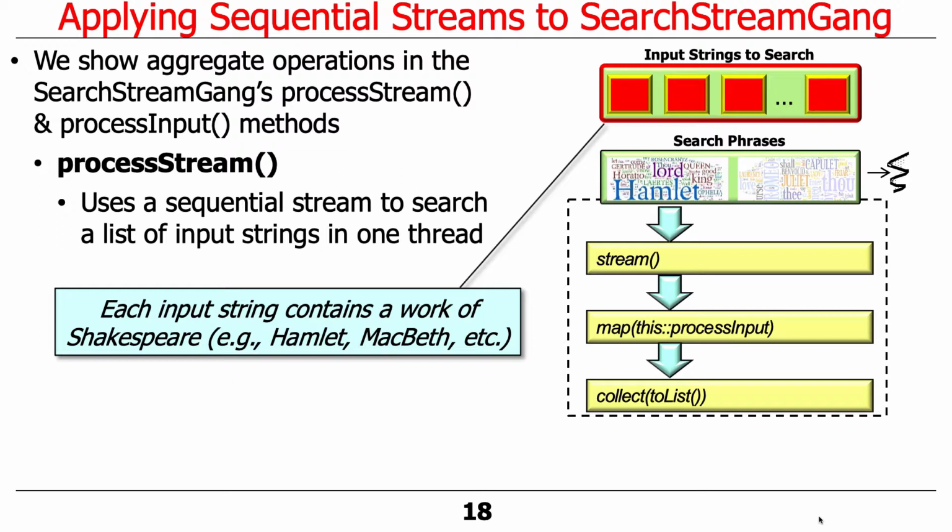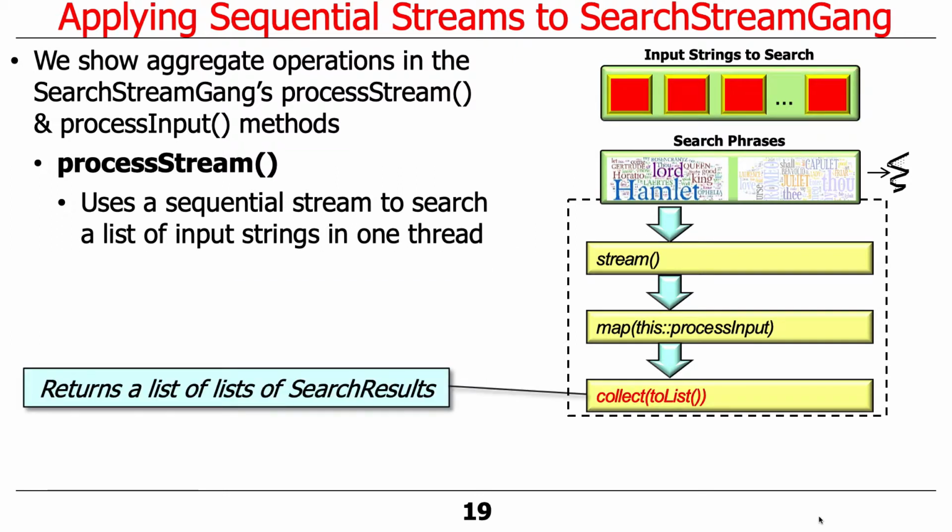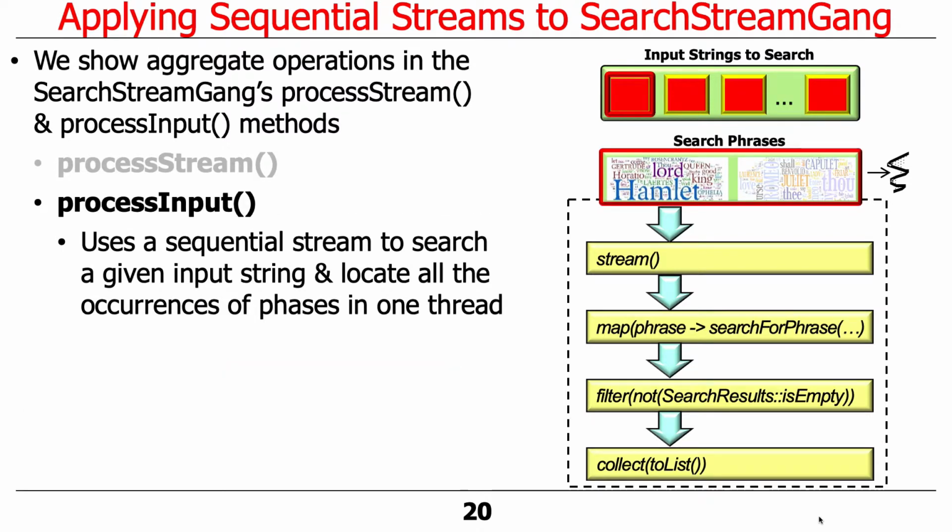Of course, each input string corresponds to a work of Shakespeare: Hamlet, Macbeth, Julius Caesar, Twelfth Night, whatever your favorite works are. What you get back is a list of lists of search results. We'll talk later about why we have a list of lists and how we're going to flatten those using flat map in a later method called print phrases.